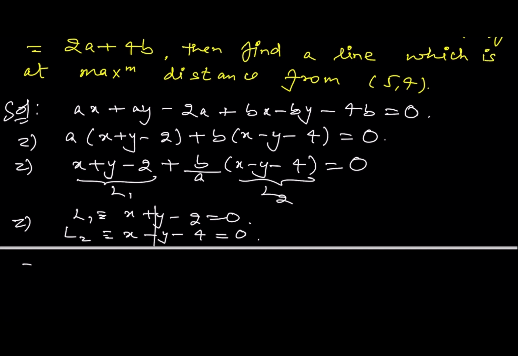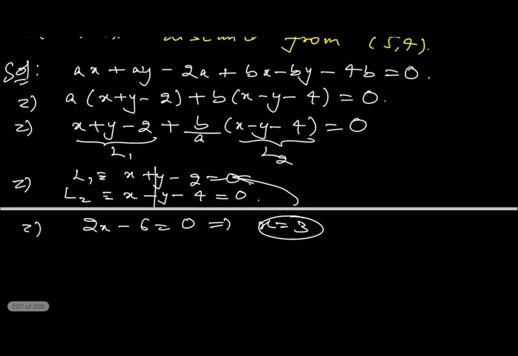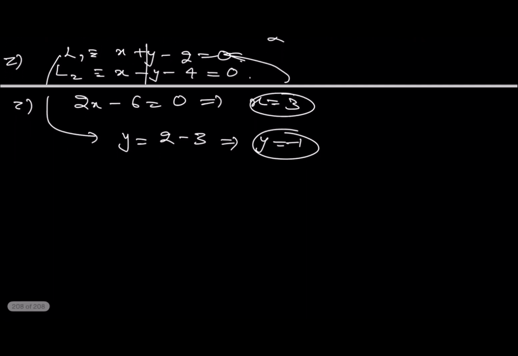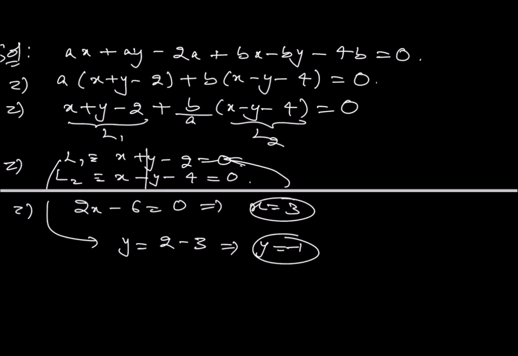Adding these two, I will get 2x minus 6 is equal to 0, means x is equal to 3. Right? Now put x is equal to 3 in 1 or 2. So y will be 2 minus 3, which is minus 1. So there are lines passing through 3 comma minus 1.